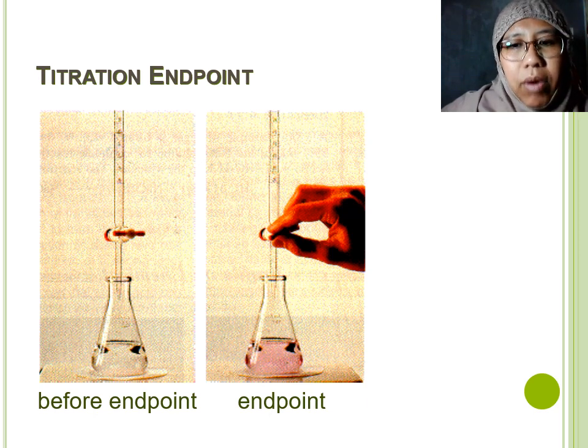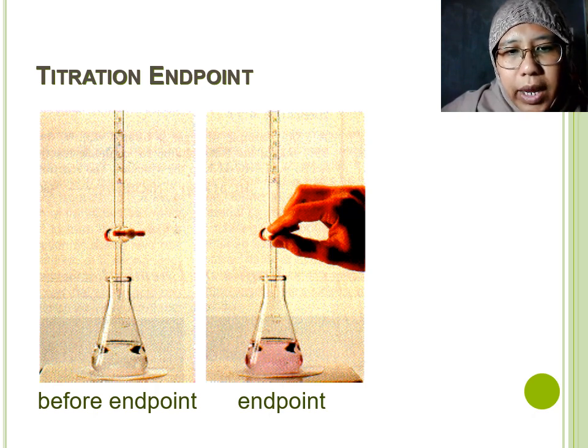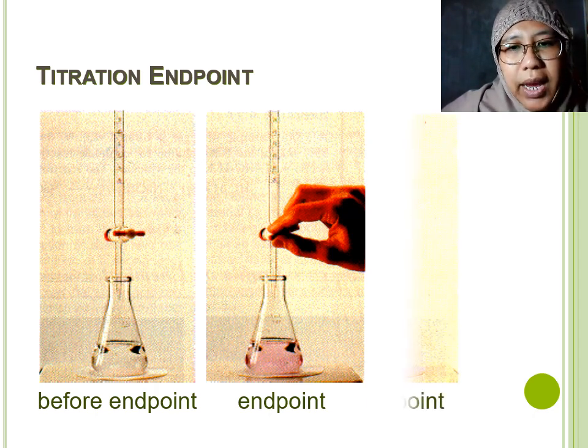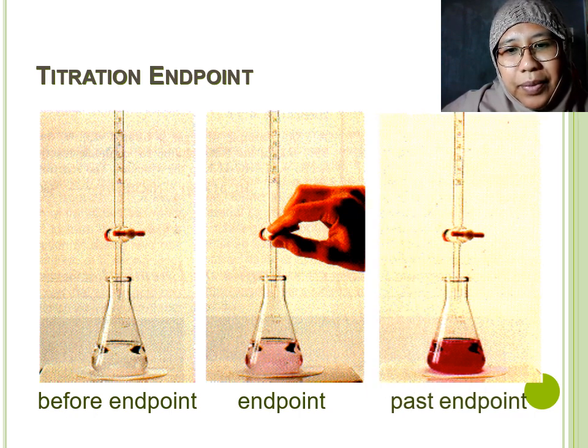Drop by drop, we're going to get the endpoint, and the color now, when it reaches endpoint, is pale pink. It's quite difficult to get this color. You've been there before, because you will always miss the endpoint and get this. The pink, the red color is very strong there.